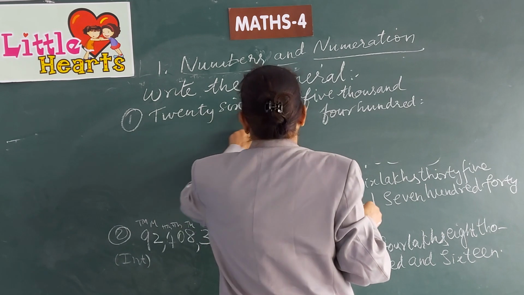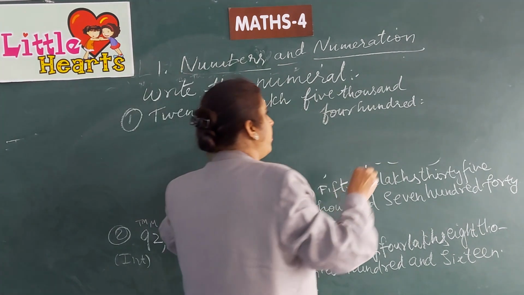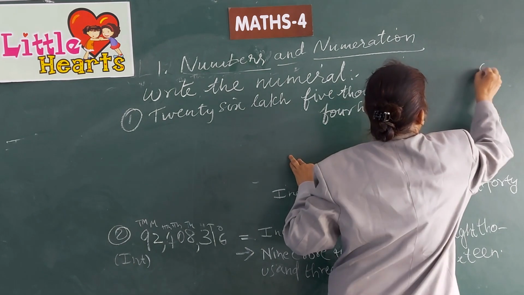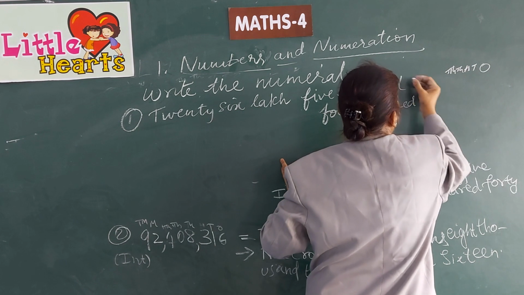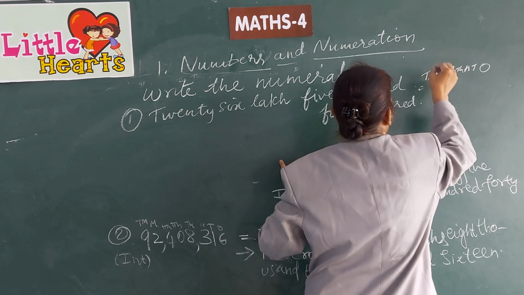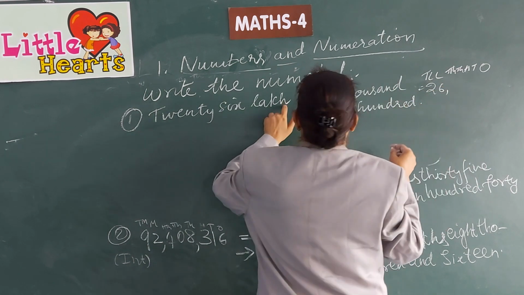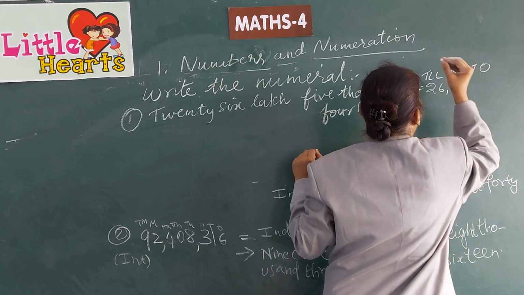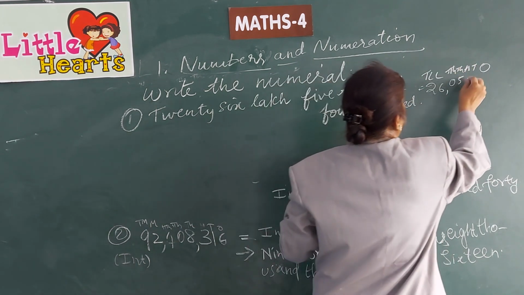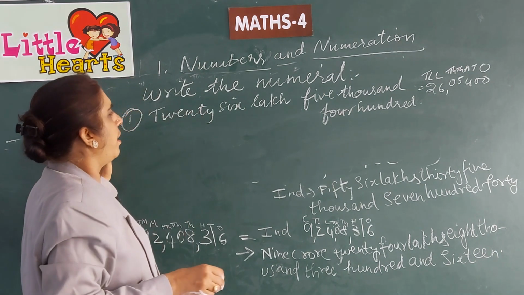As it is 26 lakhs, we can say that it is the Indian system. So write the places like this: ones, tens, hundreds, thousands, 10,000s, lakhs, 10 lakhs. 26 lakhs in the lakhs period, 0 in the 10,000s, 5 in the thousands period, 400. It's very easy to write the numeral for this.